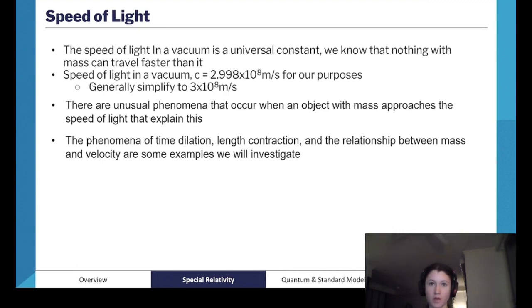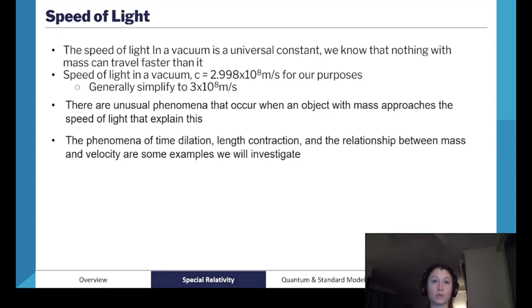So, the speed of light in a vacuum is 2.998 times 10 to the 8 meters per second for our purposes. But typically when you're doing calculations, we're just going to simplify that to 3 times 10 to the 8 meters per second.